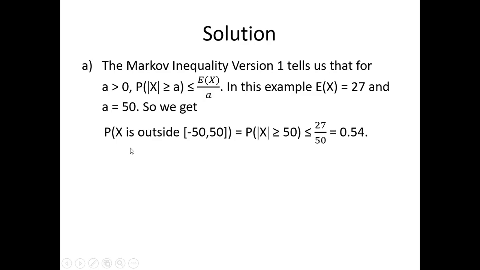So we get that the probability X is outside this interval, which is equivalent to saying the probability the absolute value of X is greater than or equal to 50, is less than or equal to 27, that's our E of X, over 50, that is our A. So you could see that this fraction simplifies to 0.54.